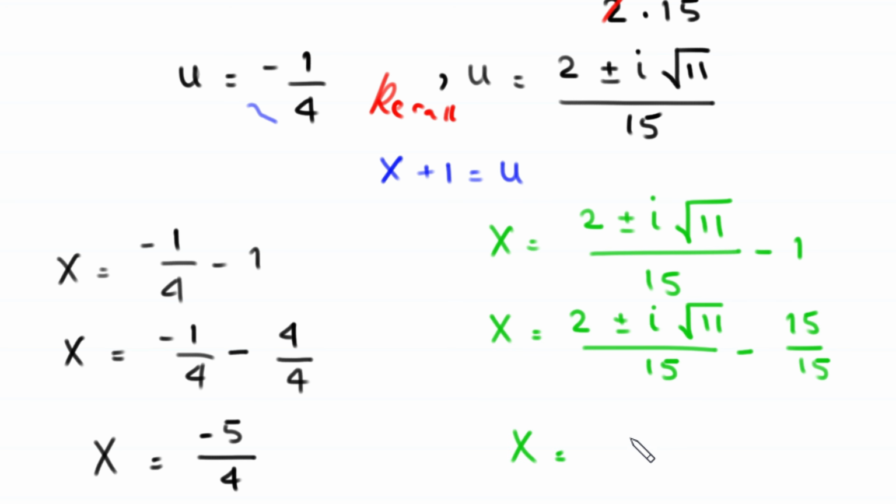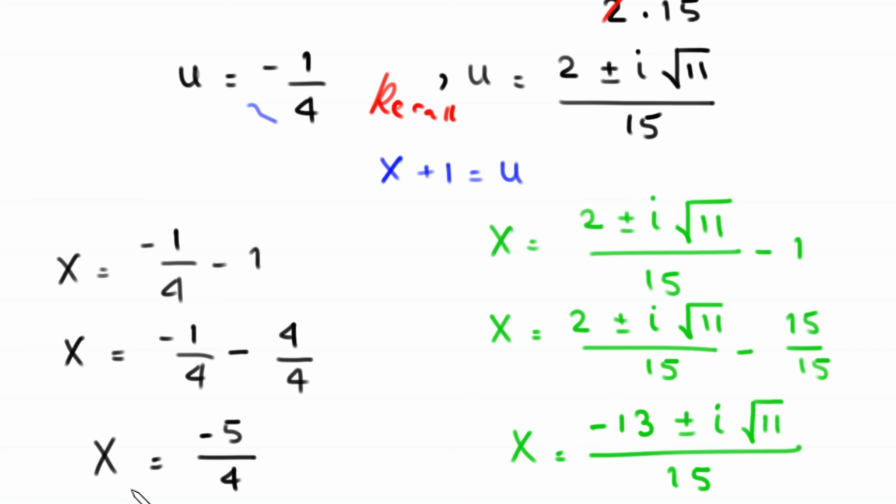And x will be equal to, we write the common denominator 15, and 2 minus 15 will become (negative 13 plus minus i times root 11) over 15.